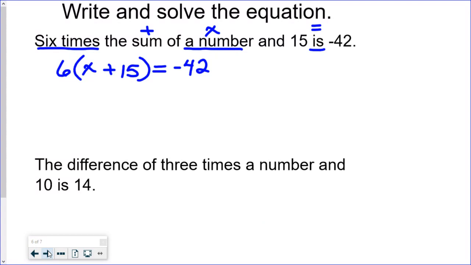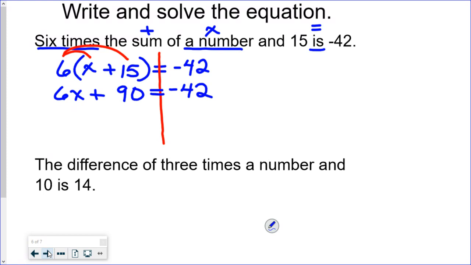Now, what's the first thing you do? Draw in that line and distribute. Okay, remember, so 6 times X is 6X. The plus comes down. 6 times 15. Again, don't know it? You've got your handy dandy calculator. And now continue to solve. We want to keep the X's, but we want to get rid of the 90. Be careful.